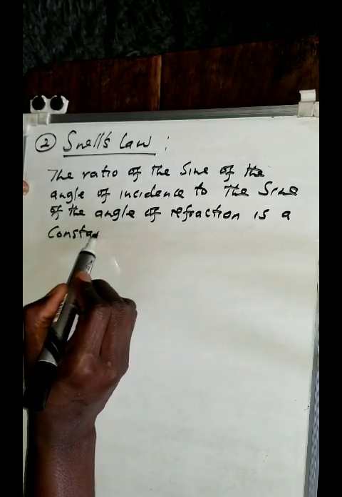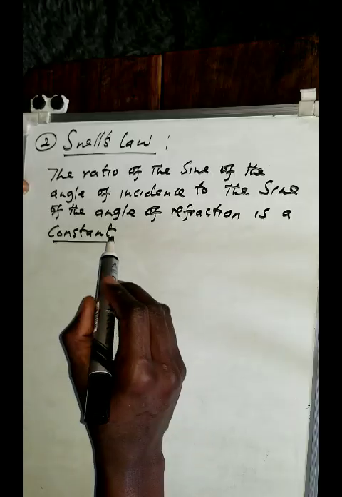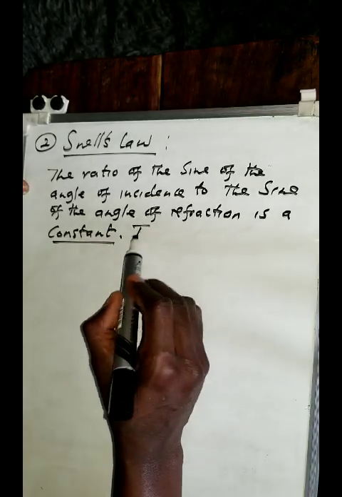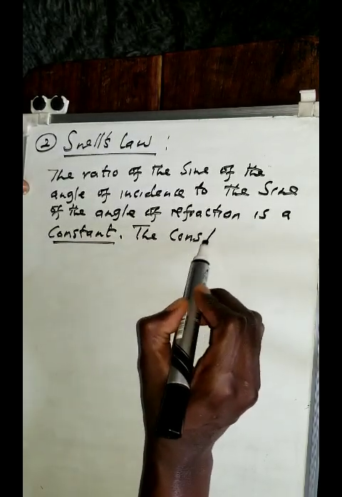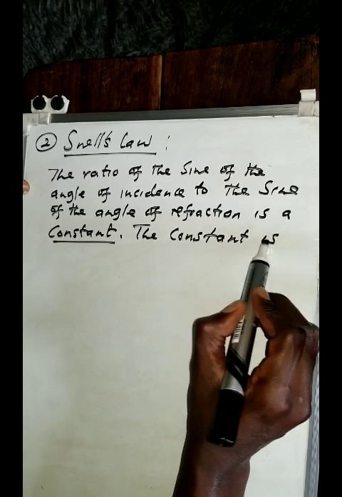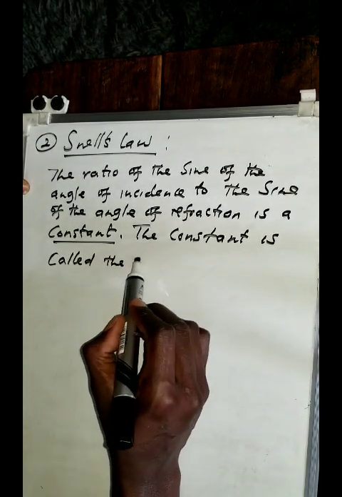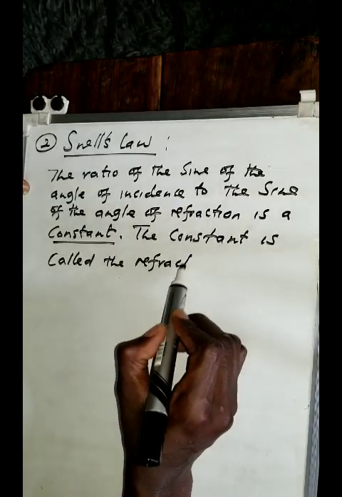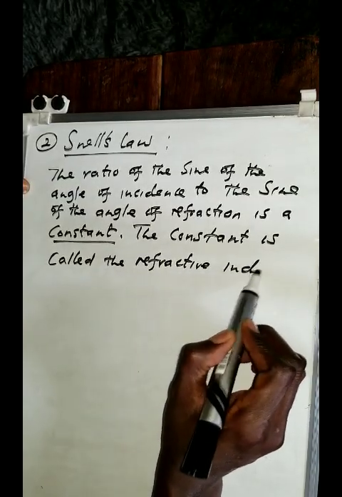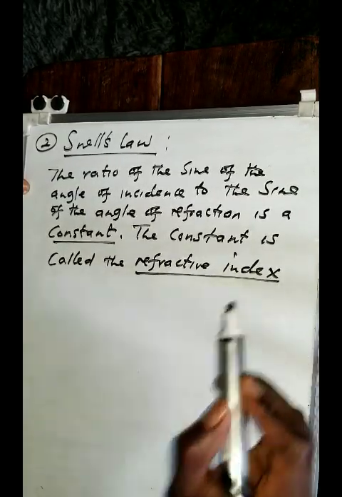In this case, the constant is called the refractive index. That's what we call it.